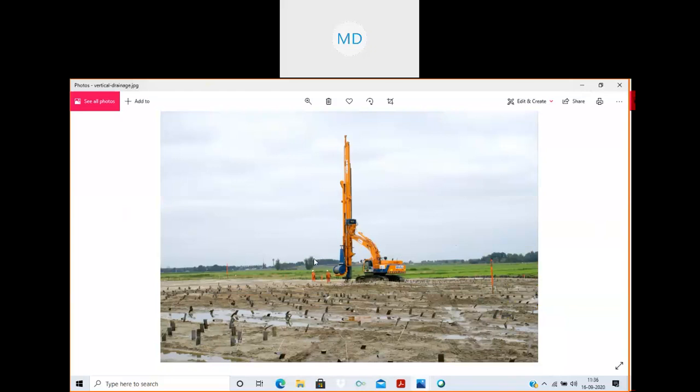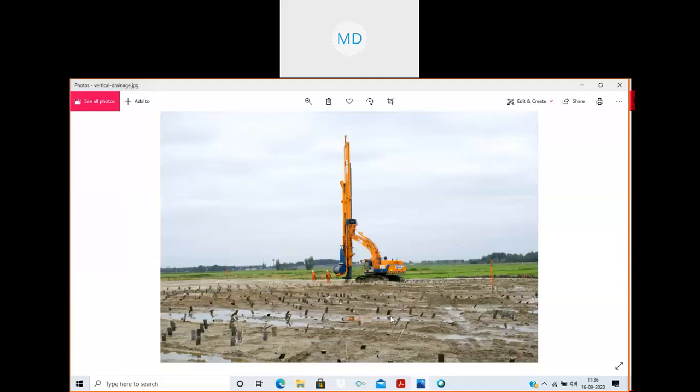After the insertion process is completed, you can see the vertical drains here. See, a little bit is coming outside. So these are the vertical drains that are inserted inside the ground. The insertion work is completed. Now the vertical drain will do its job.